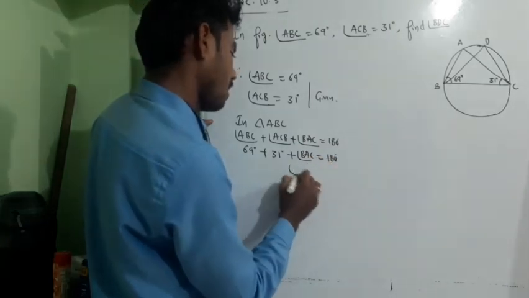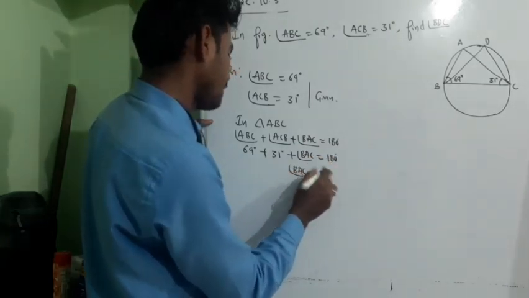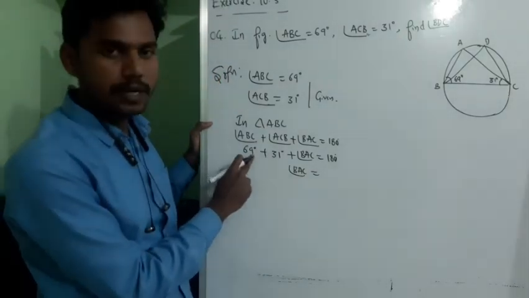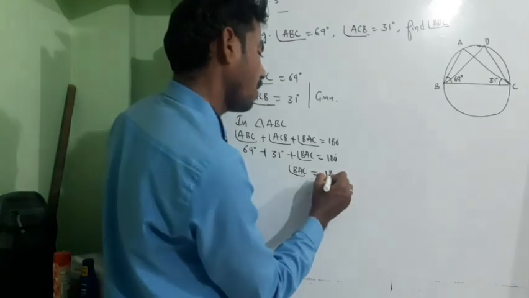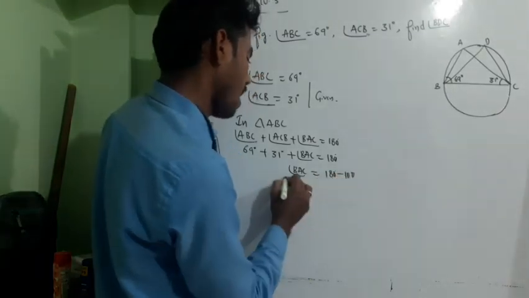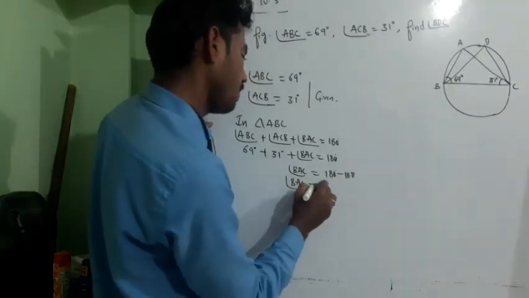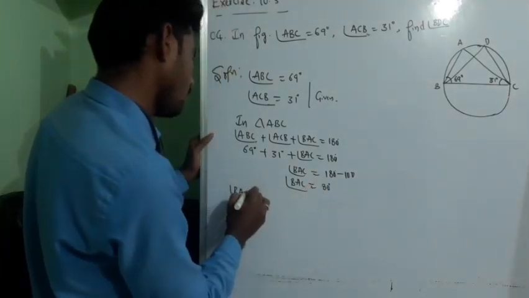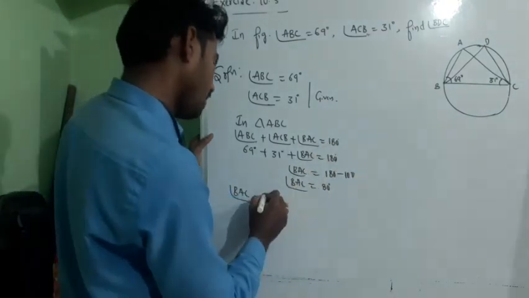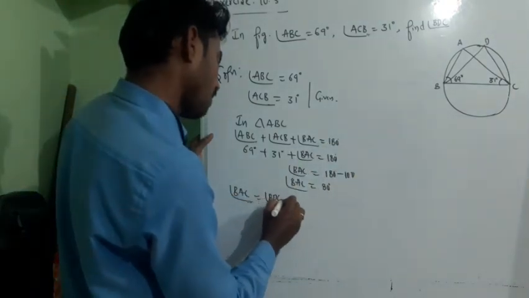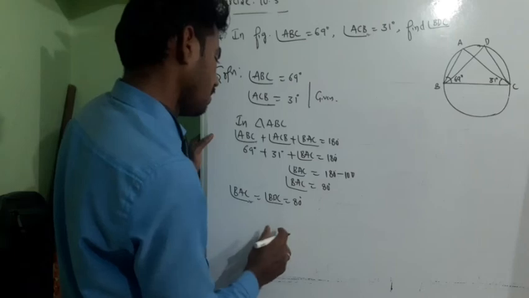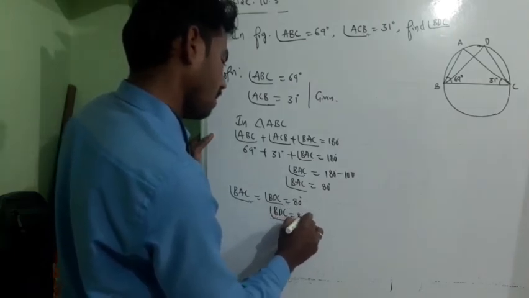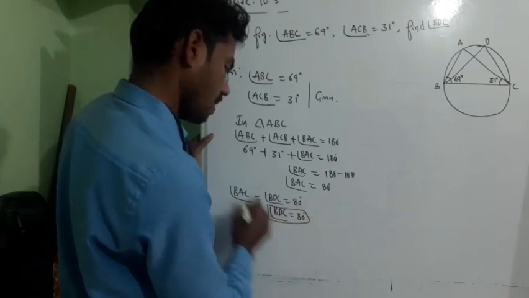So angle BAC is equal to 180 minus, 69 plus 31 is nothing but 100. So angle BAC is equal to 80 degree. So angle BAC is equal to angle BDC, which is 80 degree. This was supposed to be calculated.